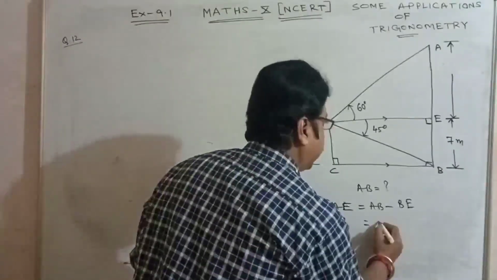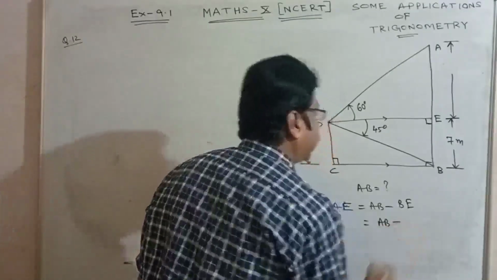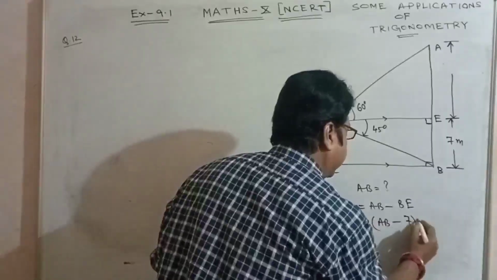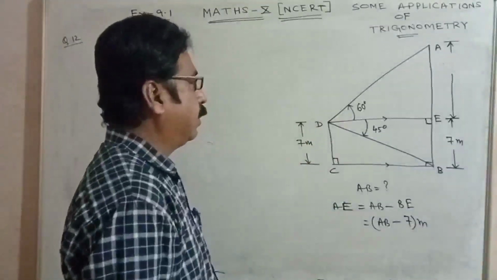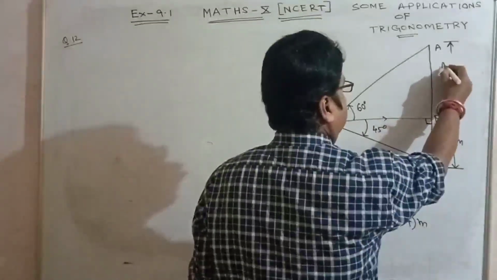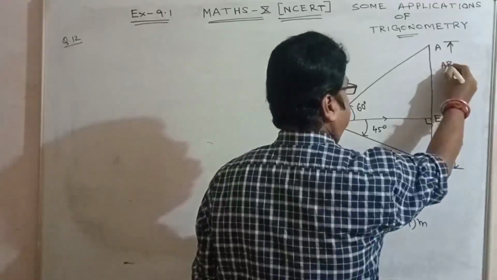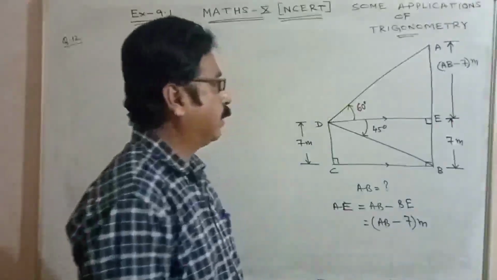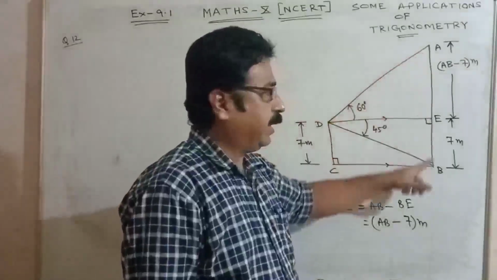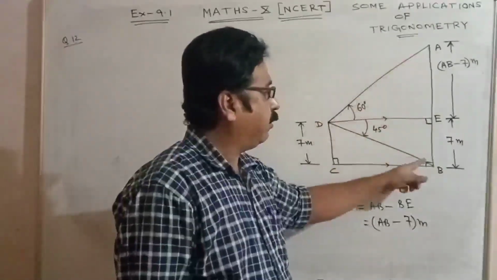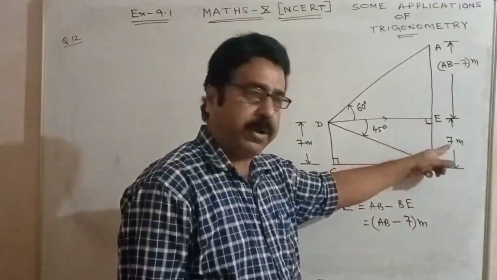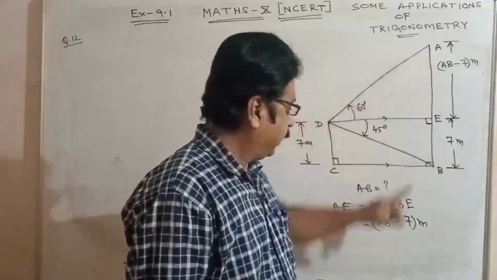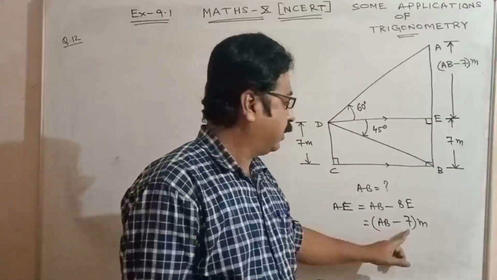BE is 7 meters, so we can write AB minus 7. Total height is AB. From AB we subtract BE because BE is known. We get AE. That means AE is equal to AB minus 7 meters.